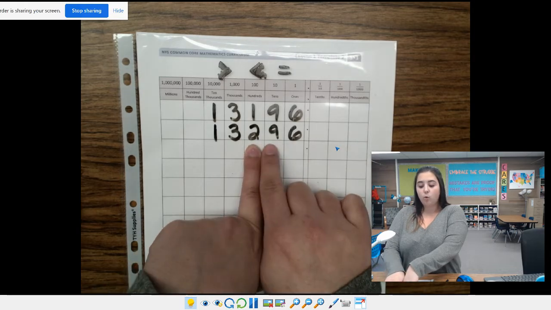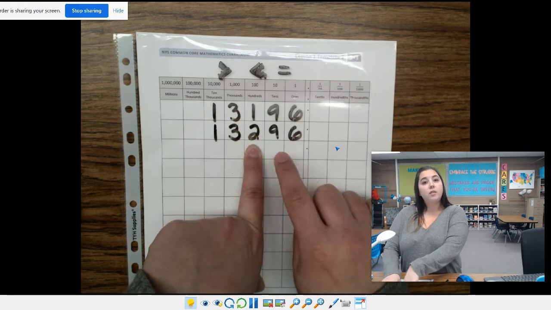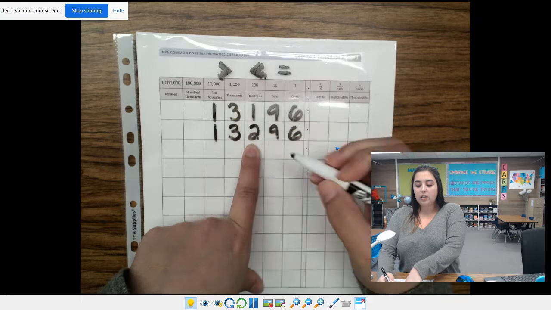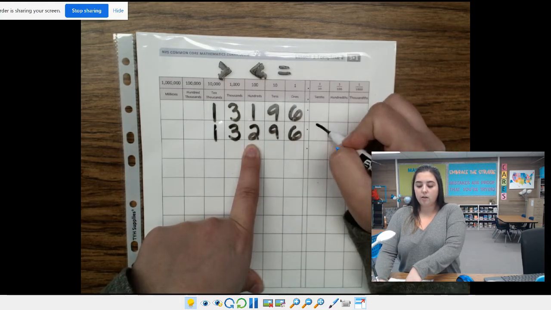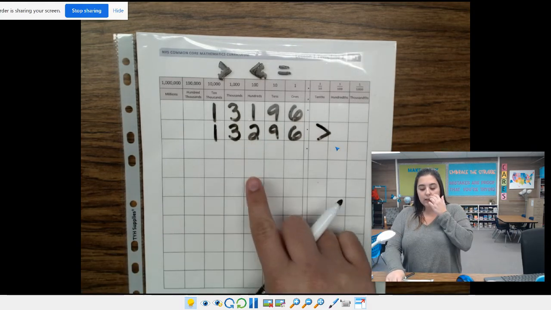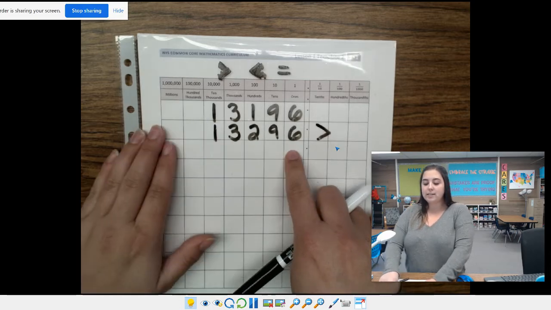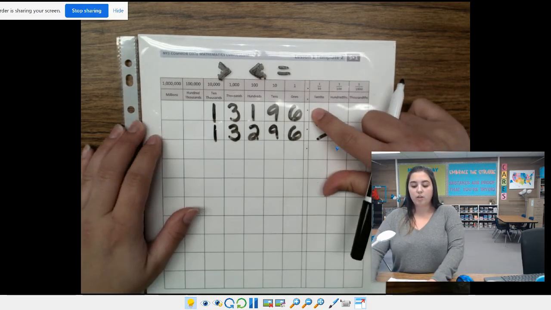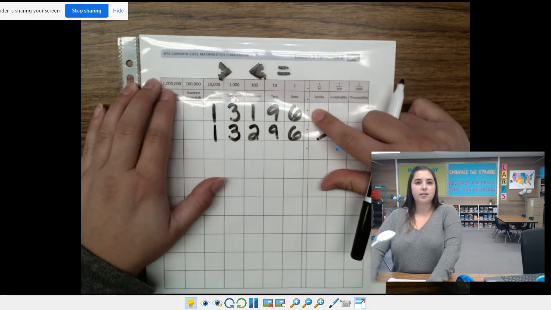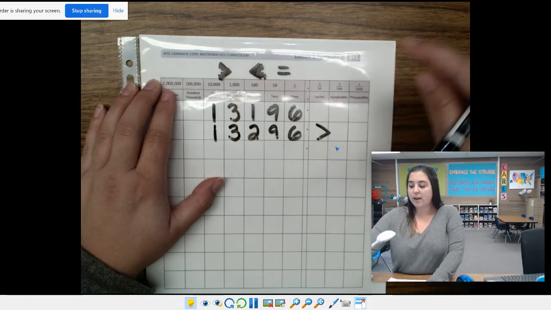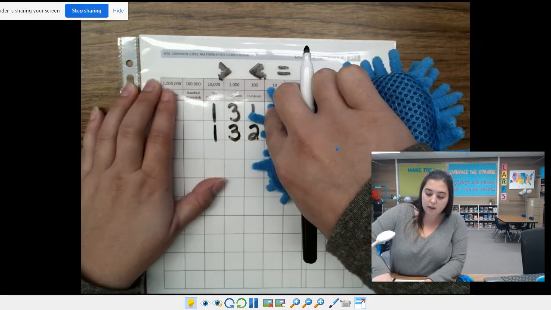So it doesn't matter what these other numbers are. This tells me that the largest number here is 13,296. It's going to be larger than 13,196. Doesn't matter what these numbers are after it.